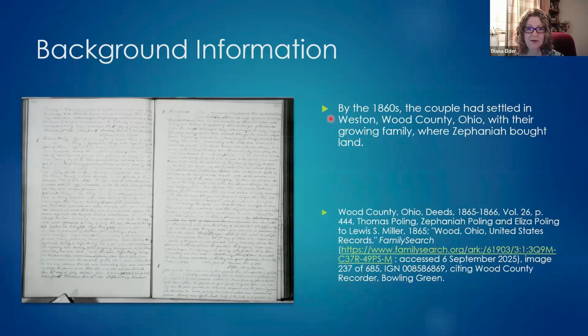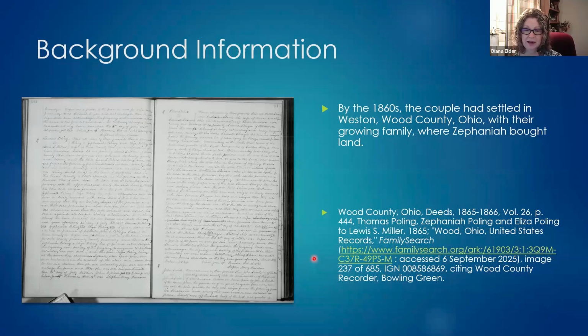We have this little paragraph here. By the 1860s, the couple had settled in Weston, Wood County, Ohio, with their growing family, where Zephaniah bought land. Here is the deed, and here's the citation to that. It's on FamilySearch. You'll notice that they have moved from their 1850 location in Huron County, and now they are in Wood County.